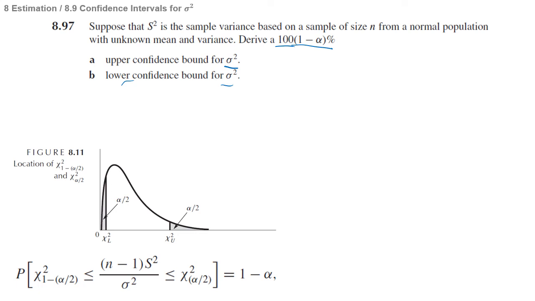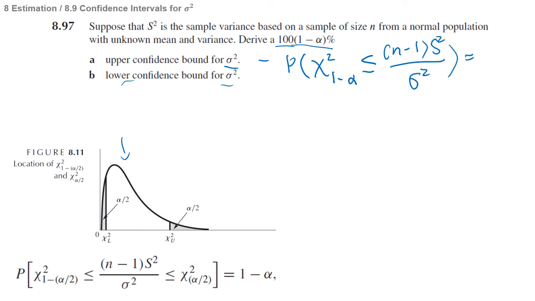Previously we learned this. To calculate a one-sided bound, we can use a one-sided probability. So for A, we can use chi-square 1 minus alpha less than or equal to n minus 1 times s square divided by sigma square. The probability of this is 1 minus alpha.